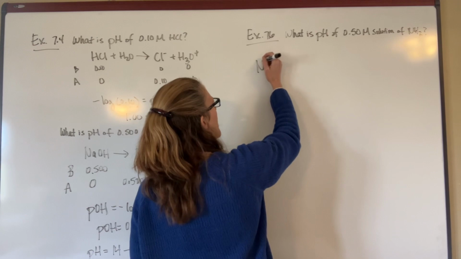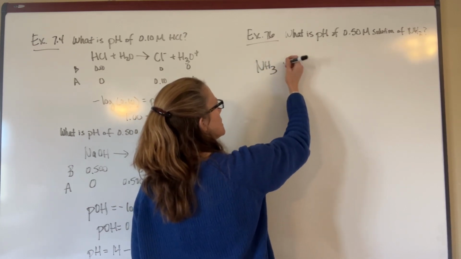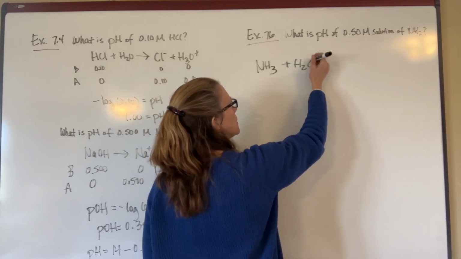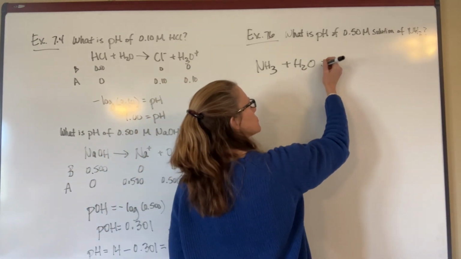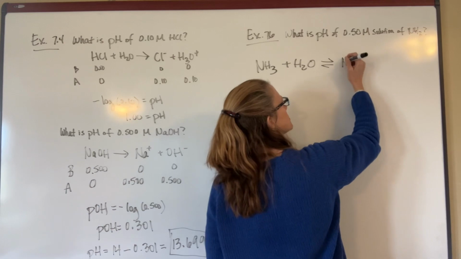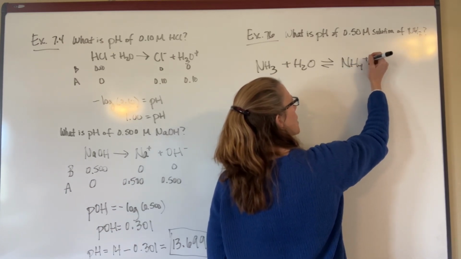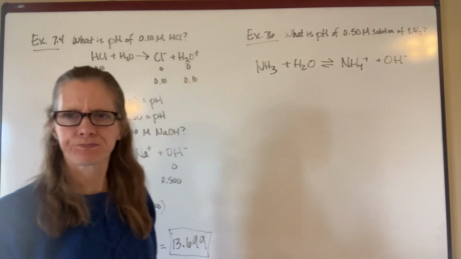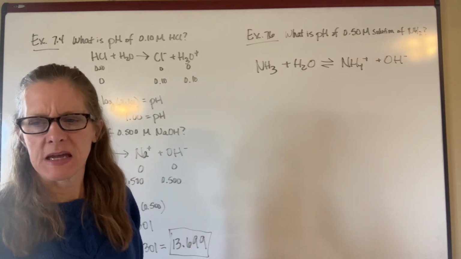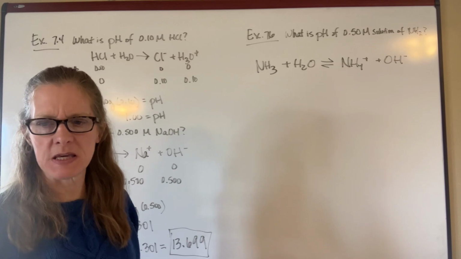So I'm going to have NH3 plus H2O. And again, this is an equation that we've seen before. I think I had it up here the very first day of the chapter. So this is going to make NH4 plus and OH minus. Okay. They tell me what the Kb is.